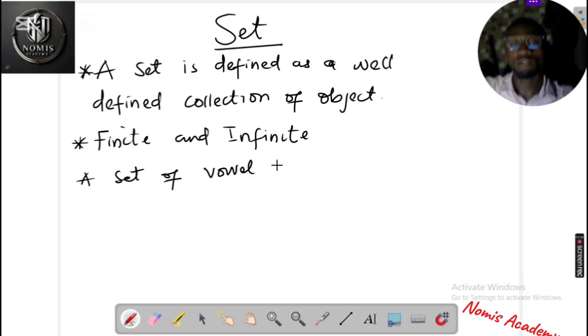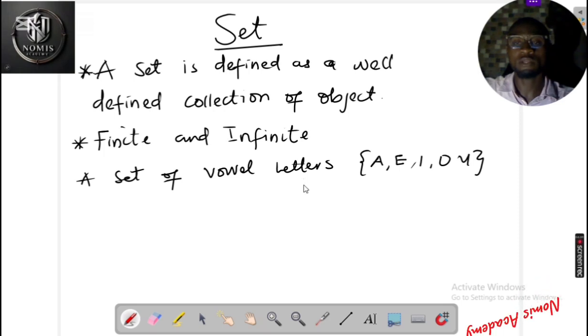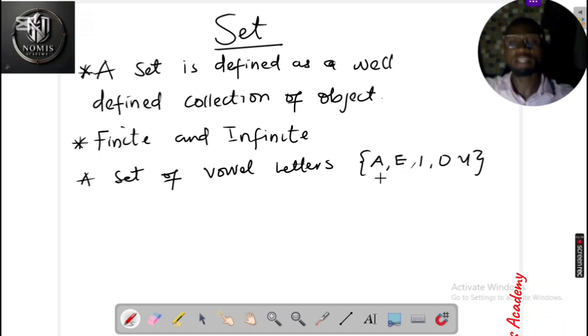When we say a set of vowel letters, that means in that set I should have A, E, I, O, U. So the elements or the members are limited, not endless. We can count them. We have from beginning till the end of the elements. What do I mean by elements? Elements are the members of a set.